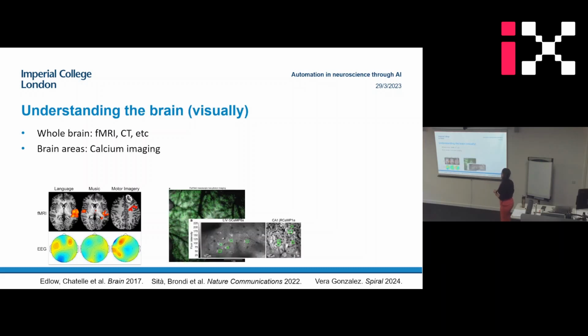Then, going a bit further down, you can look at particular brain regions. And one of the techniques that are used for this is calcium imaging. So calcium imaging is mostly done in animals, not in people like the other one.